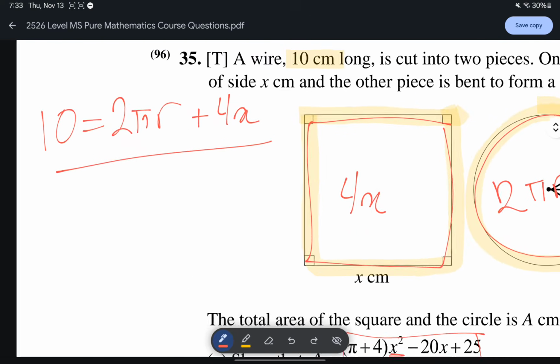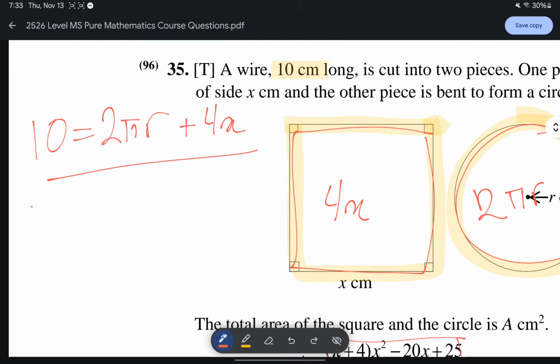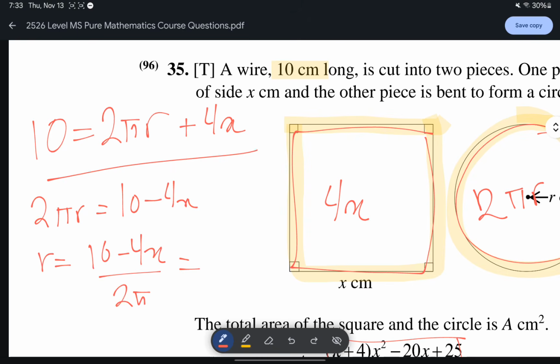So 2 pi r equals 10 minus 4x, so r is 10 minus 4x over 2 pi. 10 divided by 2, you could just say it's 5 minus 2x over pi. This is our radius.